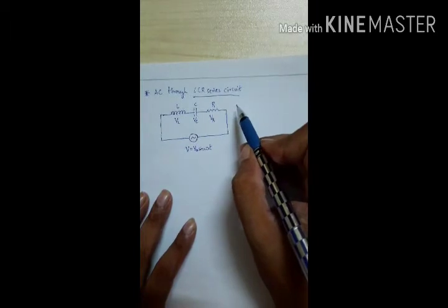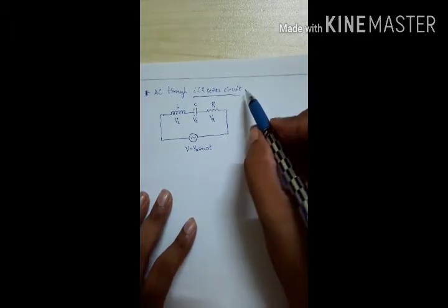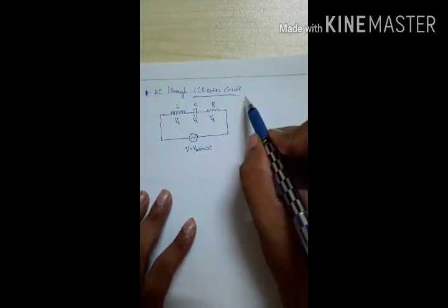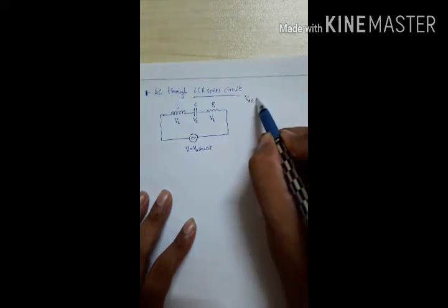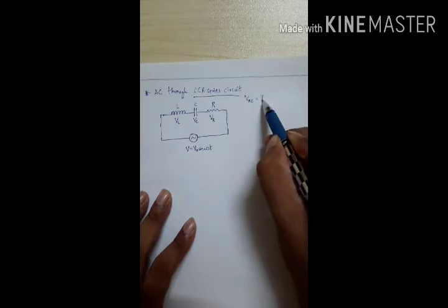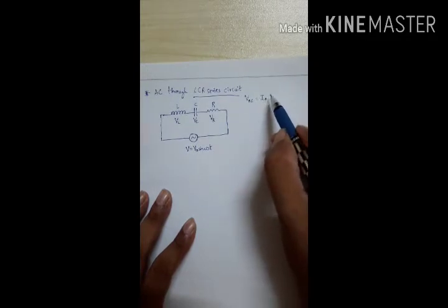Then we also know that their maximum voltage will be given by, let us say, VOL for inductor, that would be I naught into XL.